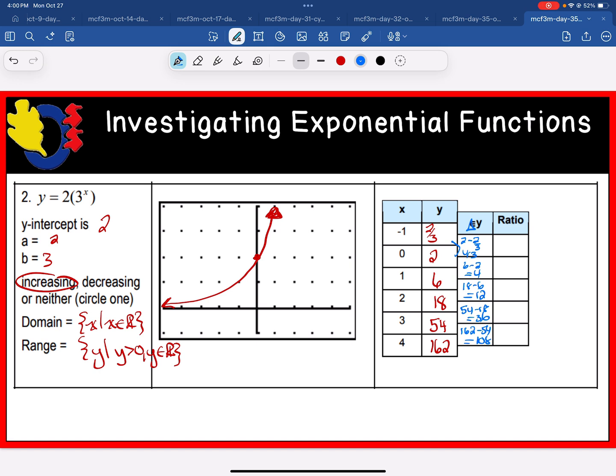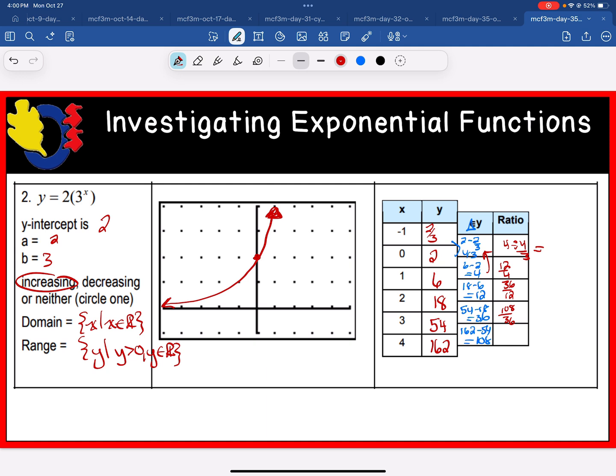Okay, so the ratio, that is, let's see, 4 divided by 4/3. And then we have 12 divided by 4, 36 divided by 12, 108 divided by 36.